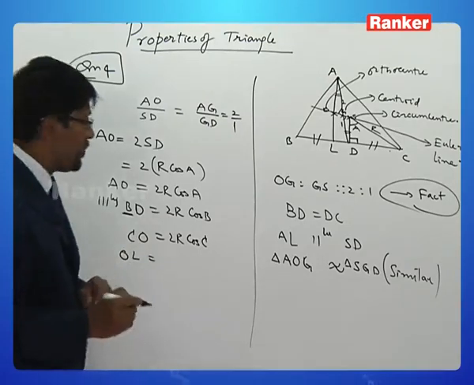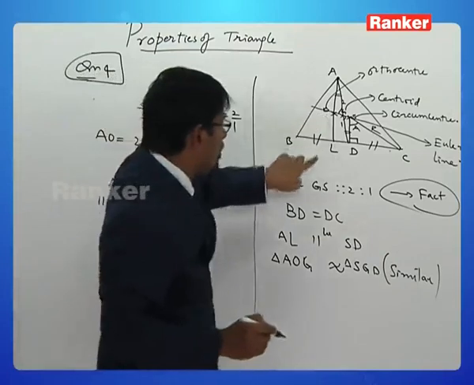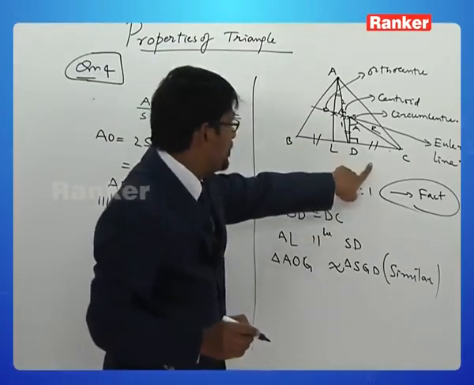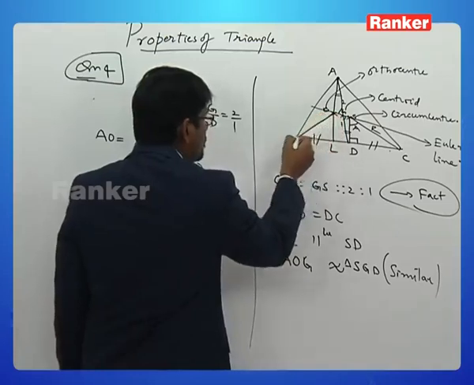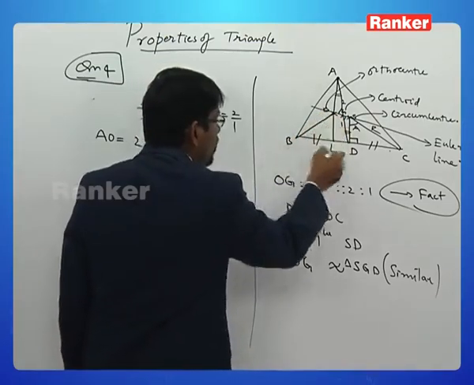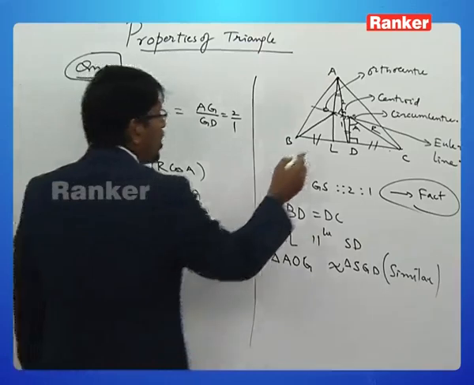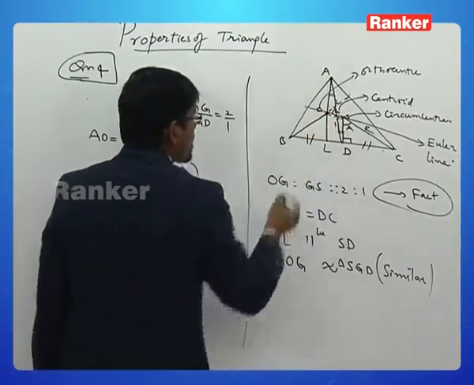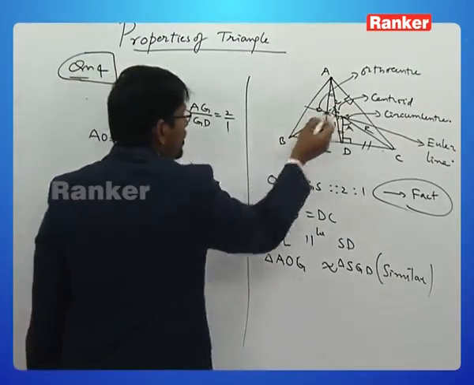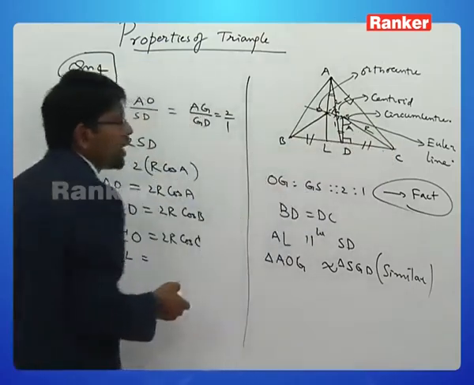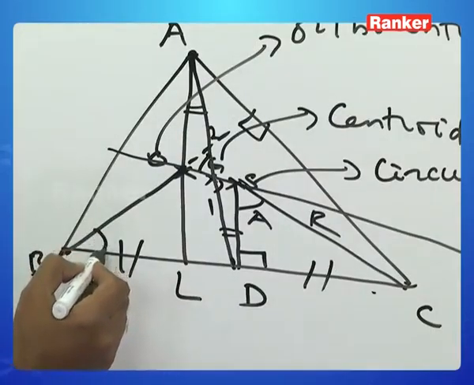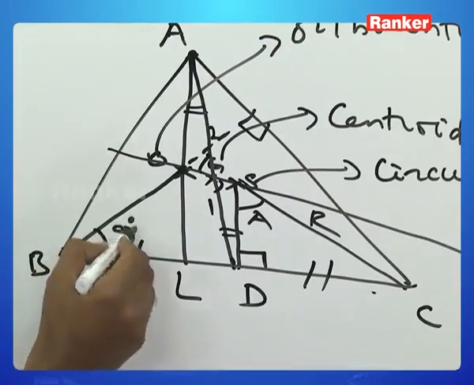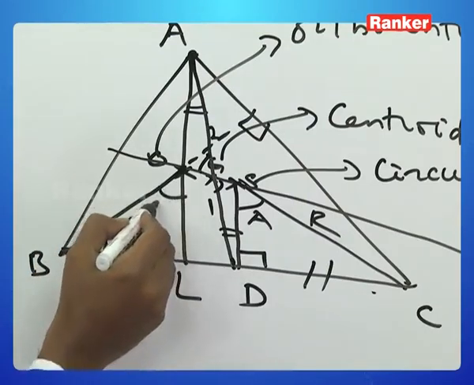The distance from the orthocenter to the side BC. Let's consider the triangle BOL. If you extend this, this is going to be a right angle triangle. This is C, therefore this will be 90 minus C, and therefore this will be angle C.